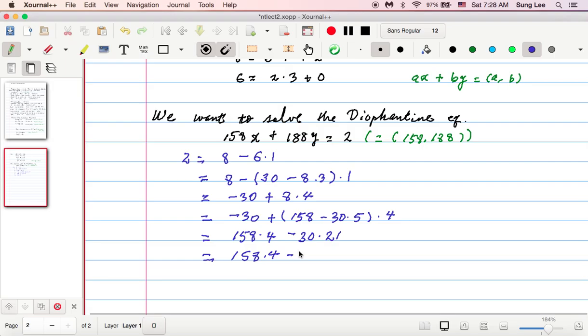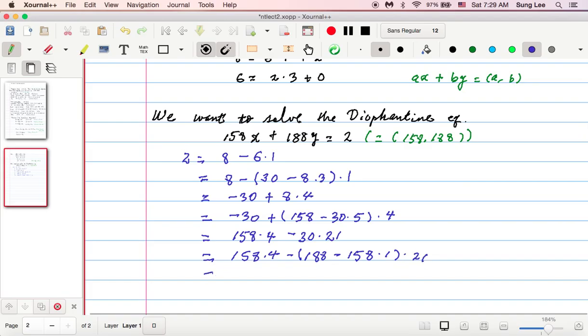So instead of 30, I have 188 minus 158 times 21.